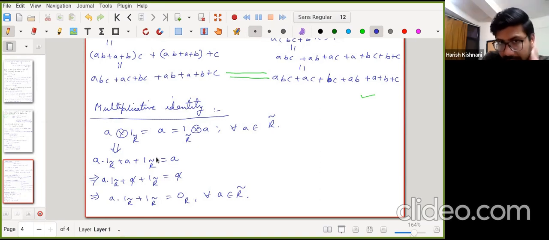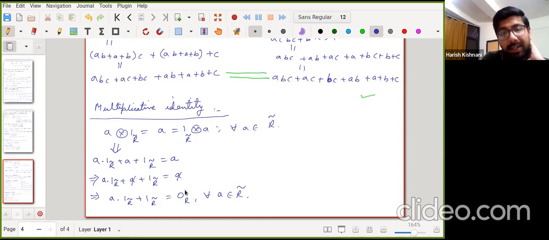Now this addition and multiplication here is happening inside the original ring R. So we can just cancel this A with A. We are left with A dot 1 of R tilde plus 1 of R tilde equal to 0 of R, because A is already cancelled here. The addition is in the original ring R, so we can write the 0 of R. I'm not writing 0 because that will create confusion.